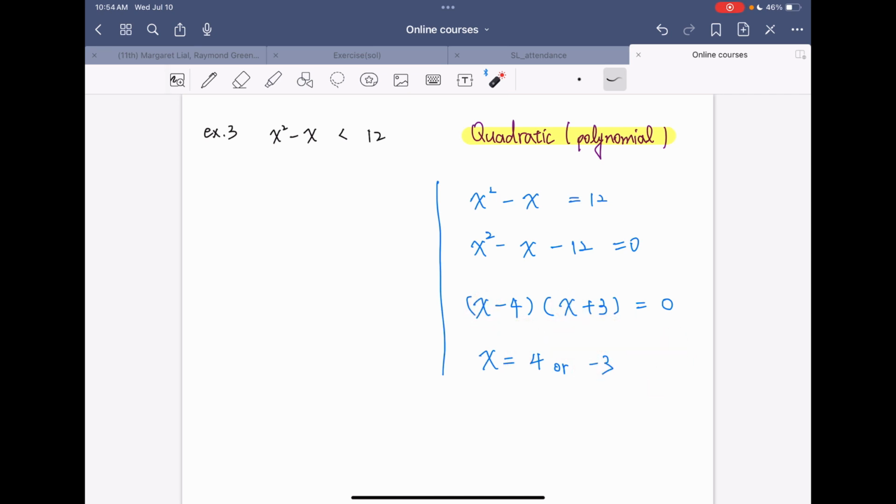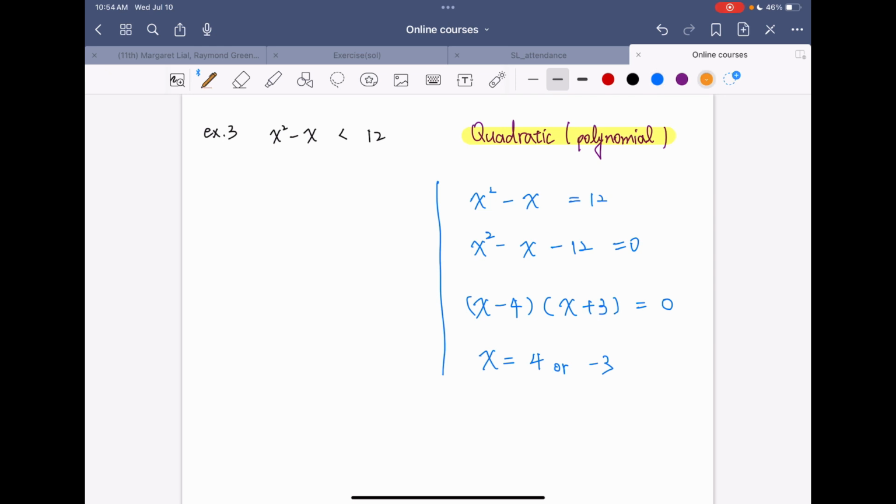And if we use minus 3, this part will become minus 7, this part will become 0, and then we also get 0. So this is the way we solve polynomials. When we come to polynomial inequalities, it's actually solved the same way.